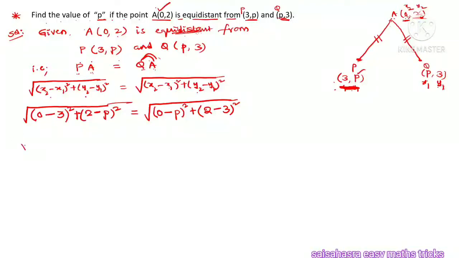Next, simplification. 0 minus 3 is always minus 3 only. 0 is not having any value, so 0 can be avoided. So minus 3 whole square plus 2 minus p whole square as it is. Further, under root, 0 minus p is minus p only, minus p whole square plus 2 minus 3.